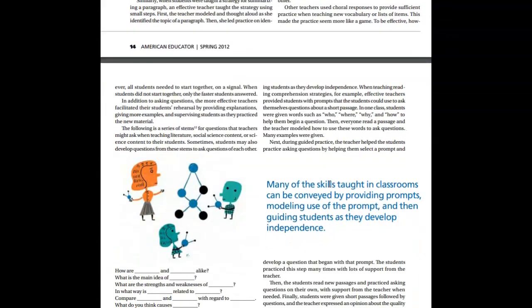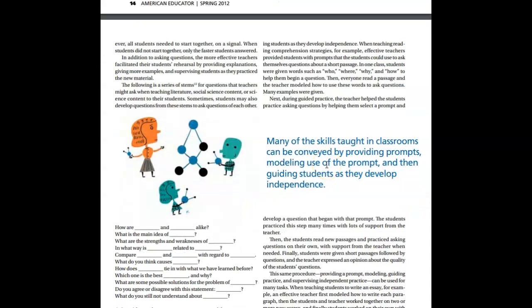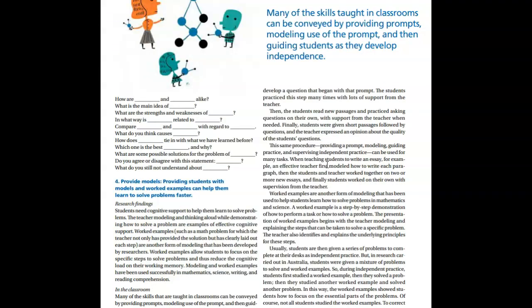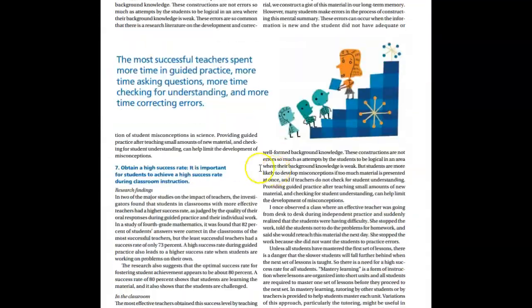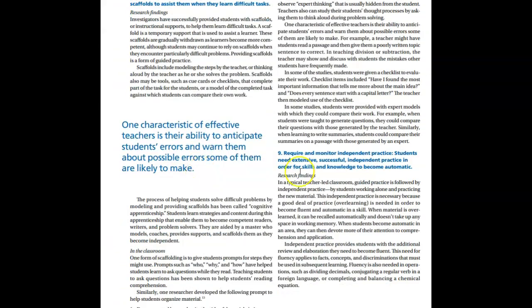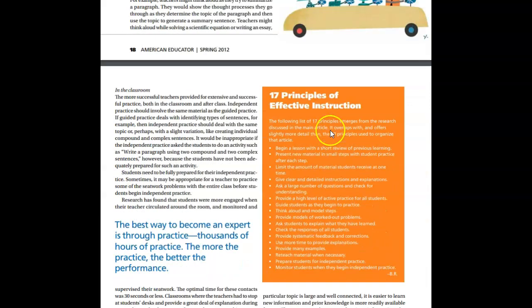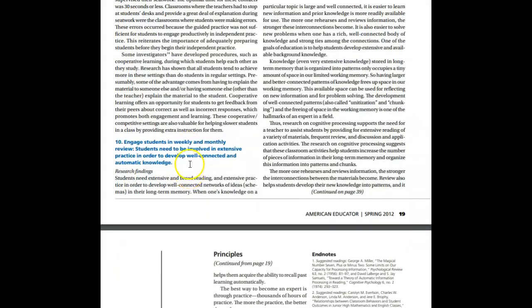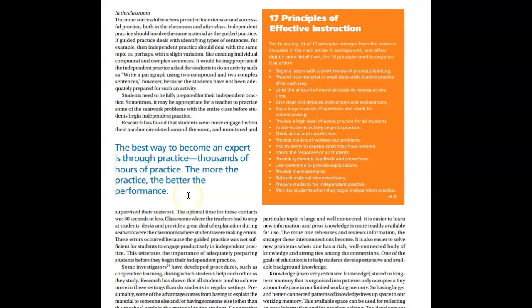So maybe worded a little differently than the principles in your textbook in chapter 1, but a lot of them touch on the same concepts. Okay, so number 4, number 5, number 6, number 7, number 8, scaffolding. We talk about that in chapter 1, number 9, and number 10. Okay, so those are the 10 principles I want you to look at over here.